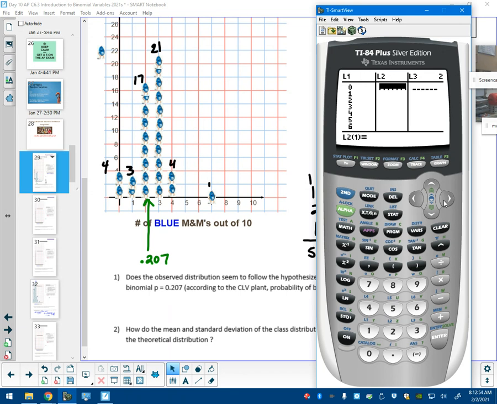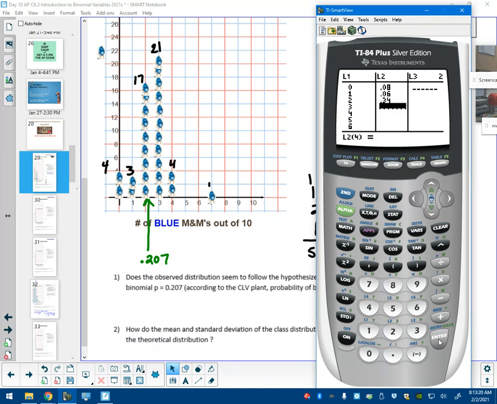All right, so what is the probability that you got a 0? That was 4 out of 50, so just put in 4 divided by 50, and it will change it into the decimal for us. A 1 was 3 out of 50. Then we had 17 2s, so put 17 divided by 50.